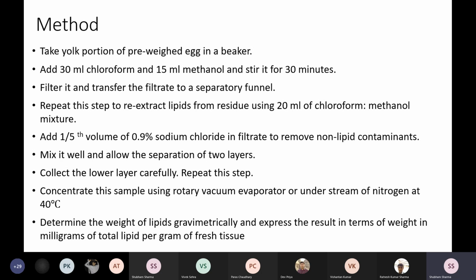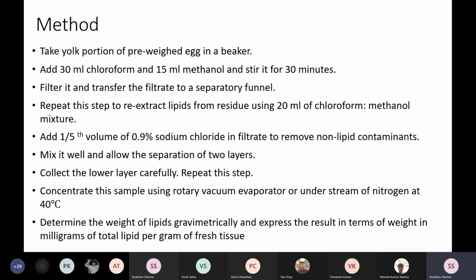First of all, we will pre-weigh the egg in a beaker, and then we will crack the egg. We will separate the white portion, and we will only take the yolk, the yellowish portion. After that, we will take chloroform and methanol in the ratio 2:1, and from that we will add 45 ml, and stir it continuously for 30 minutes.